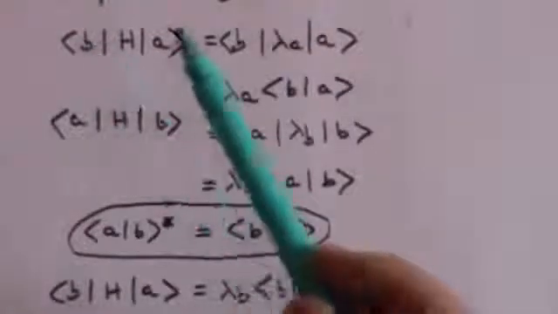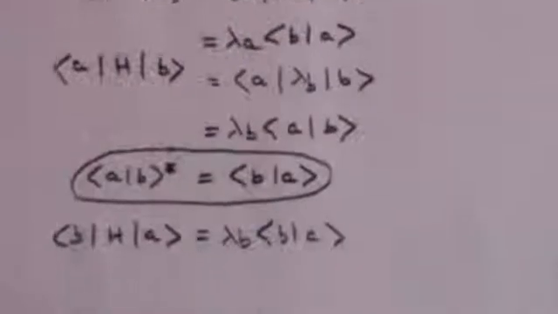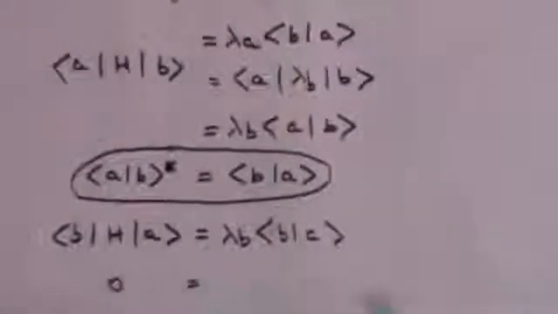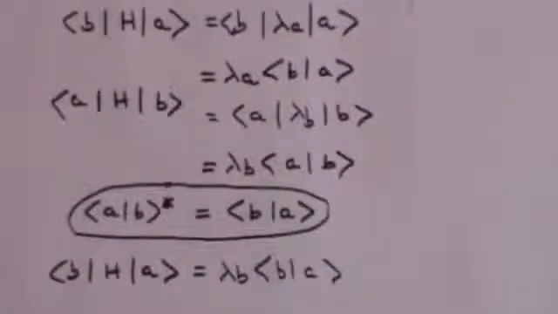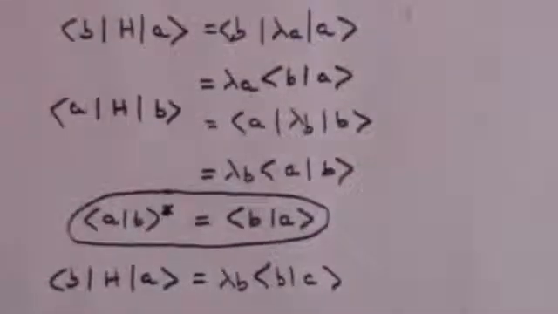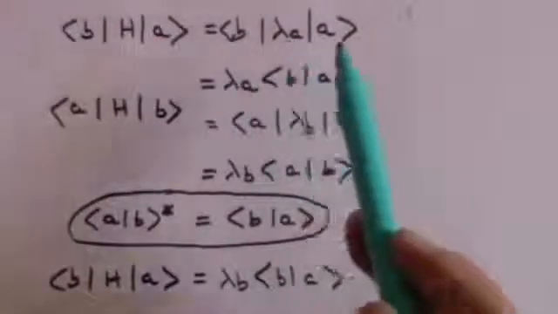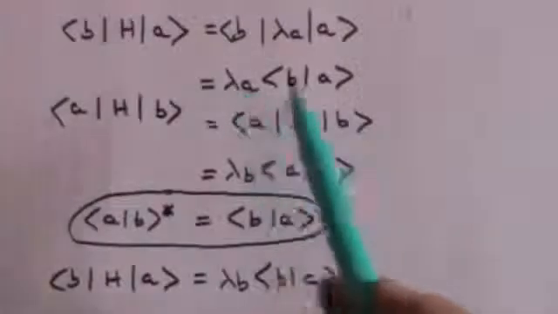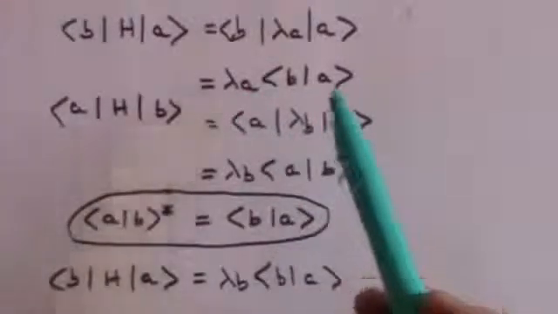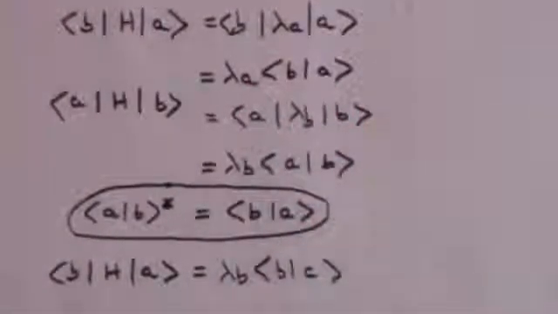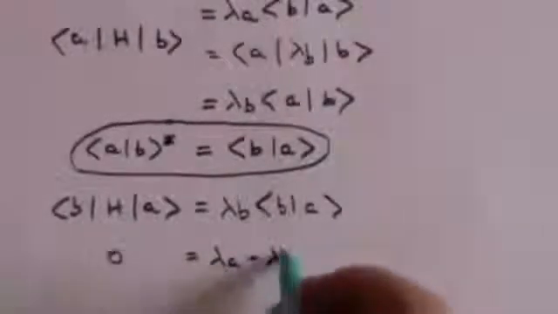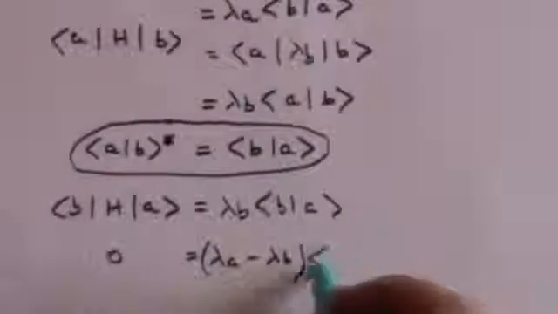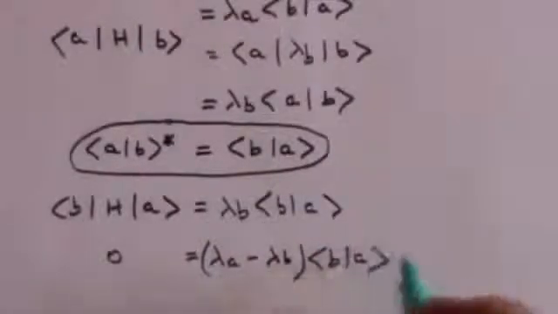Obviously on this side, BHA minus BHA is going to equal 0. And on this side, I'm going to have lambda A into the inner product of B and A, minus lambda B into the inner product of B and A. So lambda A minus lambda B into the inner product of B A.